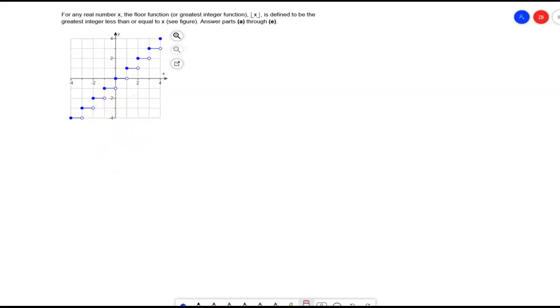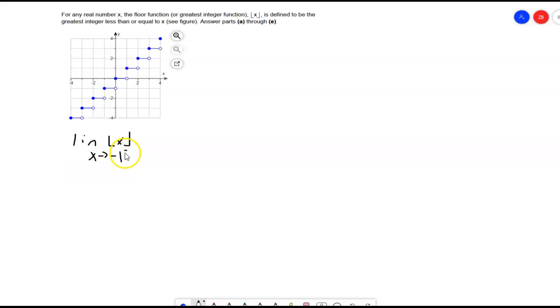So this is what the graph looks like here. So let's start answering some of these questions. The first one, I'm going to just write it down here. They say, what is the limit of the floor function as x approaches -1 from the left.